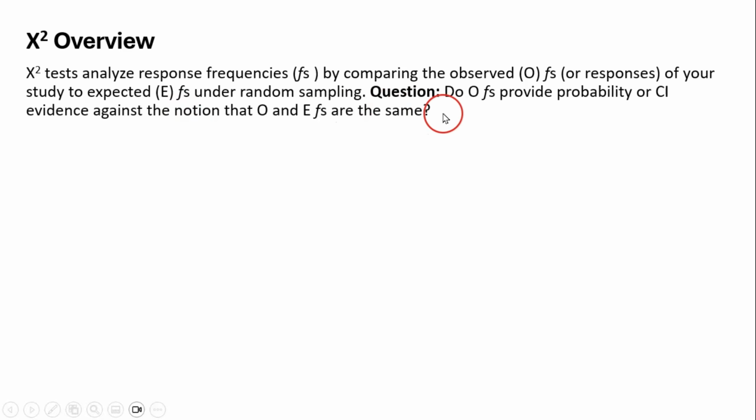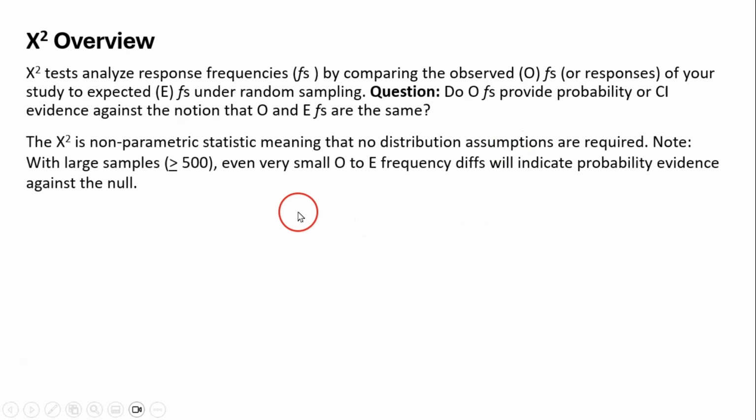Question: do O frequencies provide probability or confidence interval evidence against the notion that O and E frequencies are the same? That's the question we're going to be asking and attempting to answer with the chi-square test and proportion.